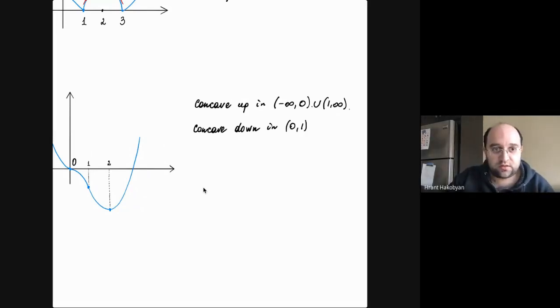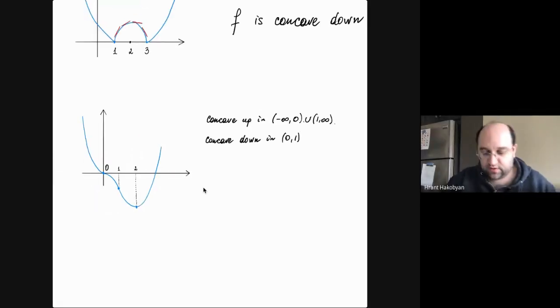Okay, so that's where this function is concave up and concave down. So it's concave up in negative infinity to 0, and concave up again in 1 through infinity, and then it's concave down in this small interval here.